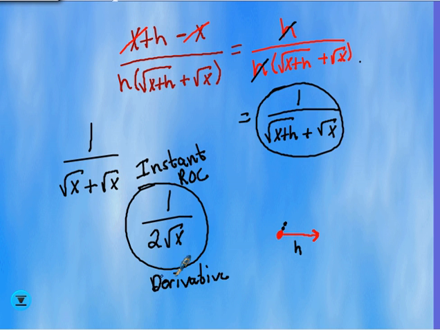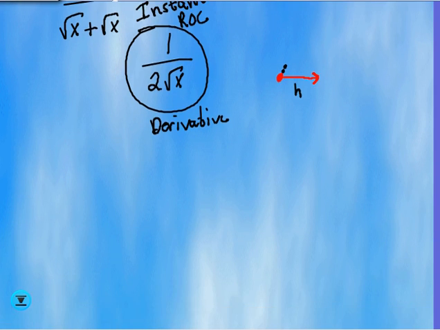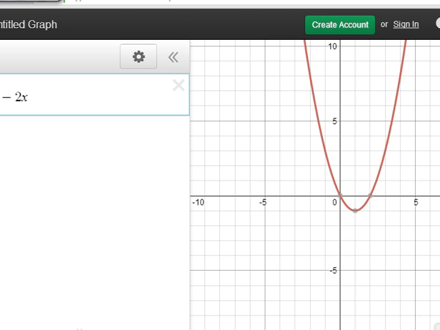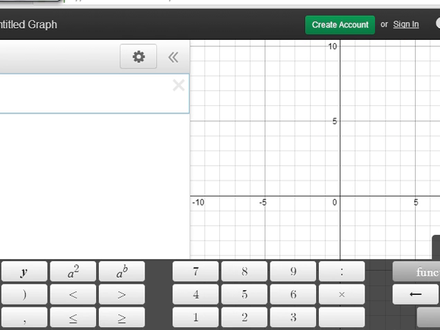And if you took this formula, while you're writing it down, let me graph that. That was square root of x simply. So square root of x. There's the graph.